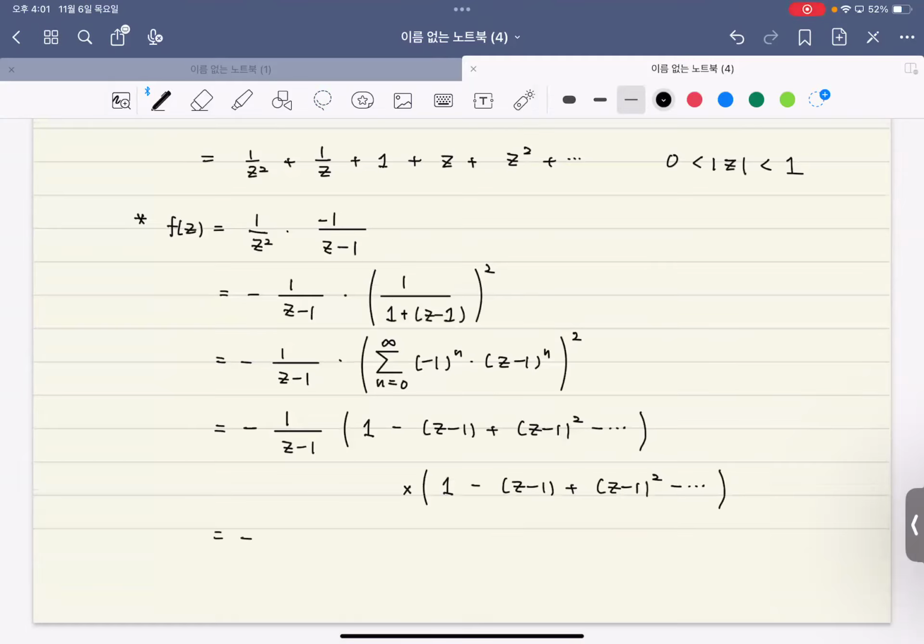This is just a tedious computation, but you're allowed to multiply these two power series term by term. So this is 1 minus 2 times (z minus 1) plus 3 times (z minus 1) squared, and so on.